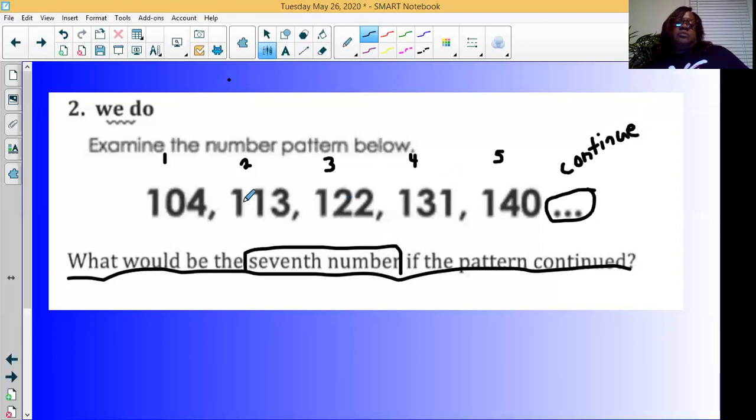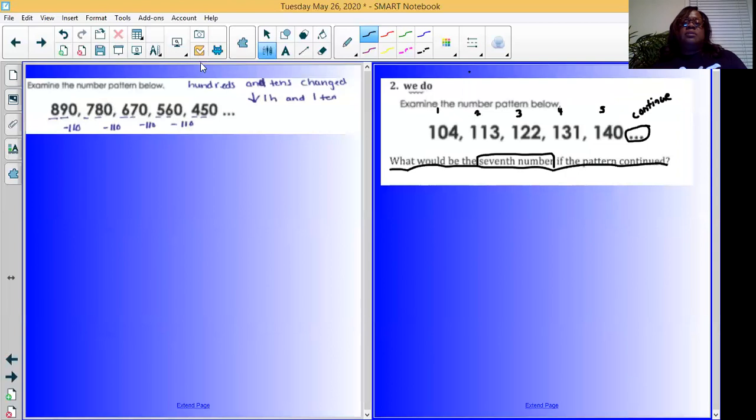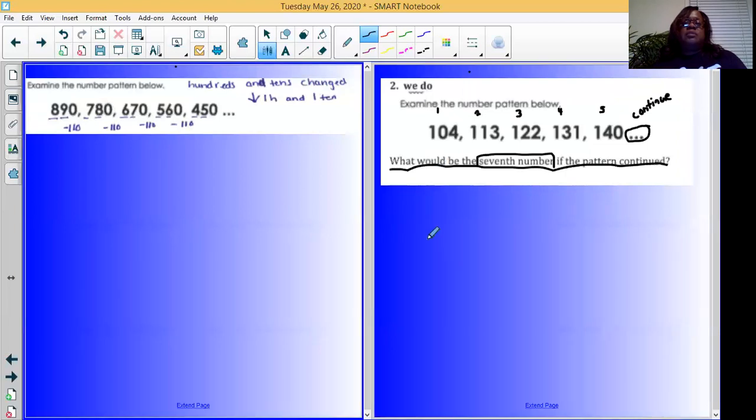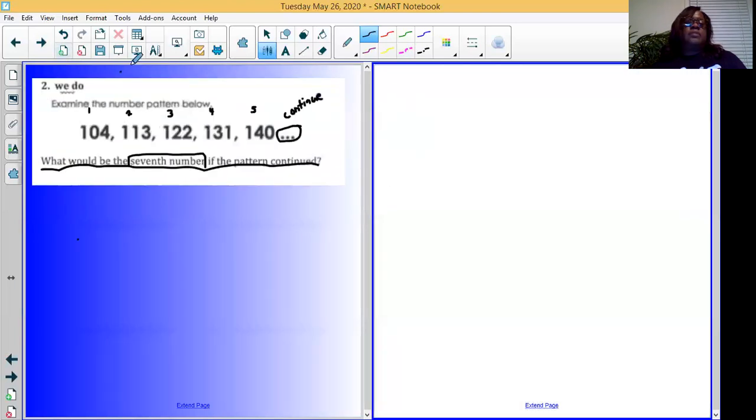Then we have 113. Now, are our numbers increasing or are they decreasing? Increasing means that they're going up. Decreasing means that they're going down. So are the numbers increasing or decreasing? You're exactly right. The numbers are increasing. They're getting bigger. Okay. So I go from 104 to 113.